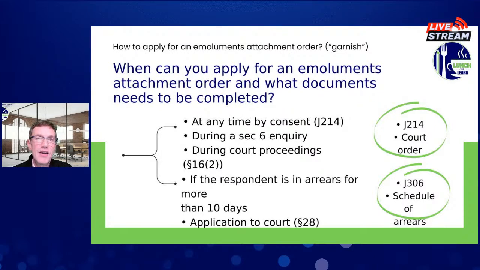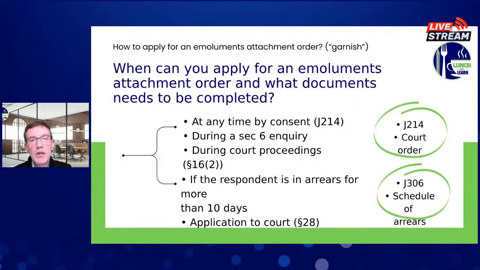directly from his salary. In practice, either the respondent would consent thereto during a Section 6 inquiry, or even beforehand, on a J214, and that is made an order of court.